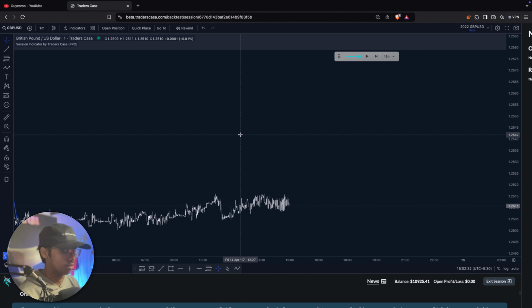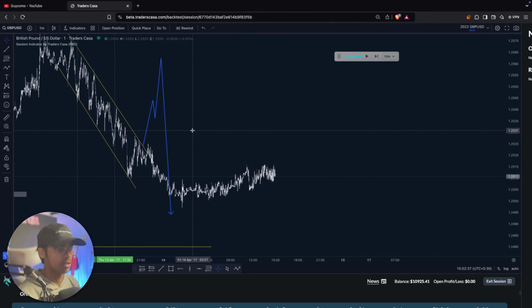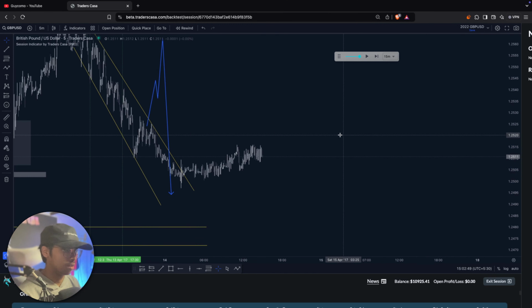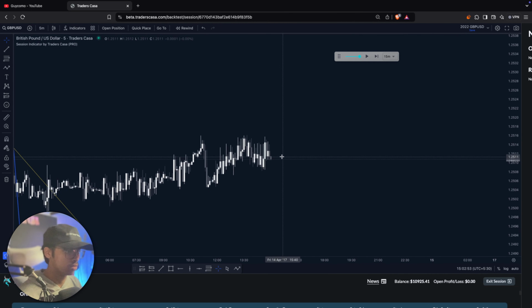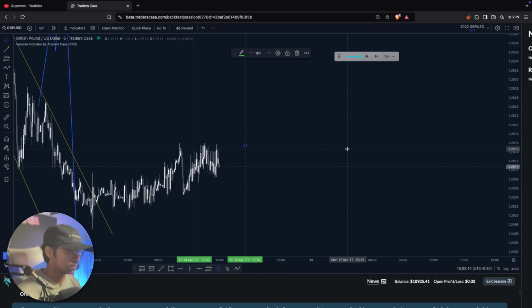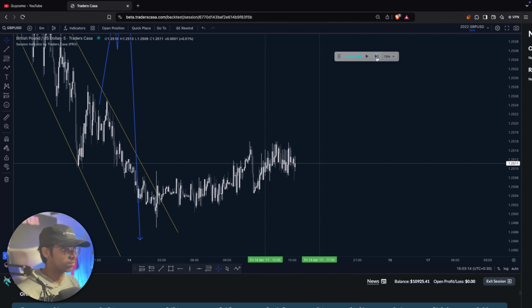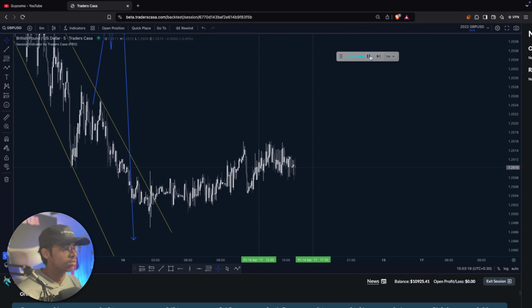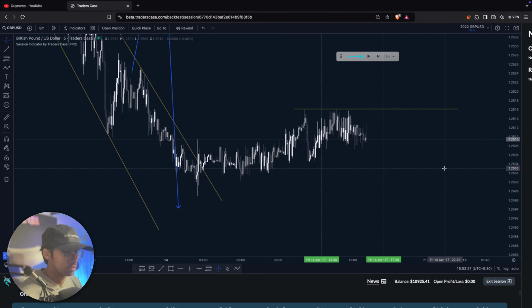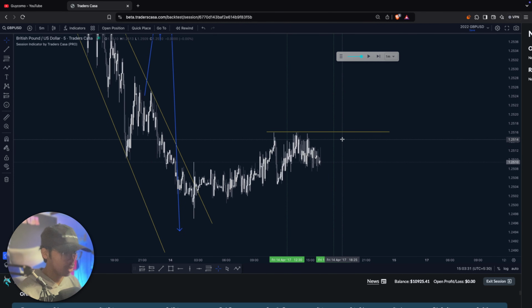Okay. Buy side liquidity. See, the price has been in this zone, then the price should show some rally so that retailers can get caught.